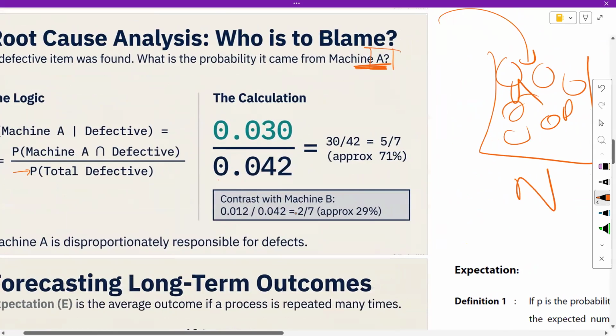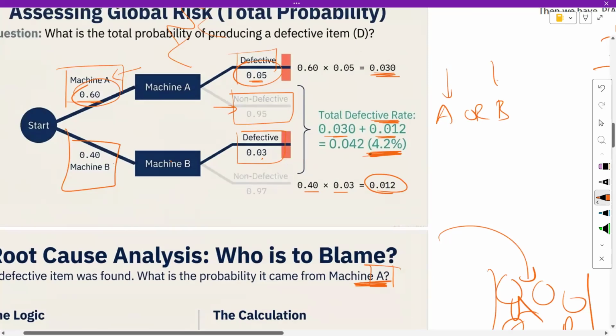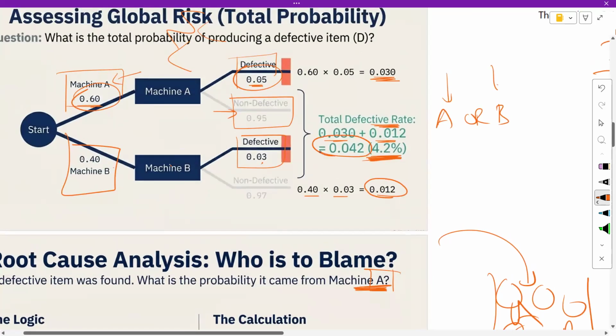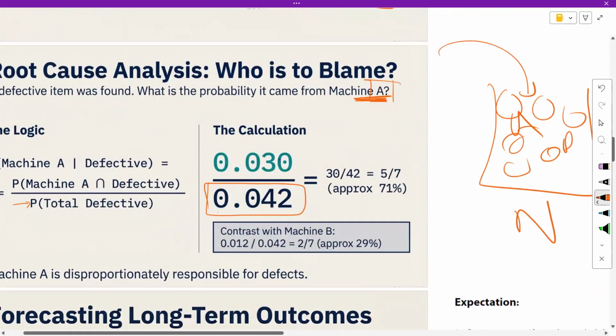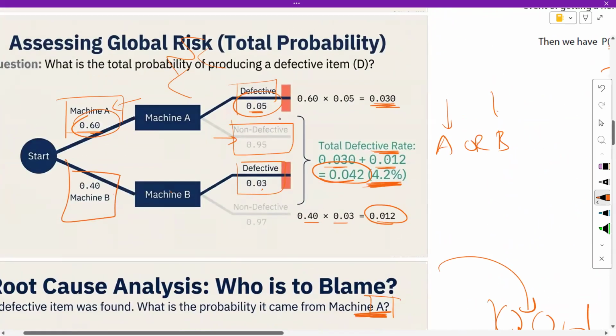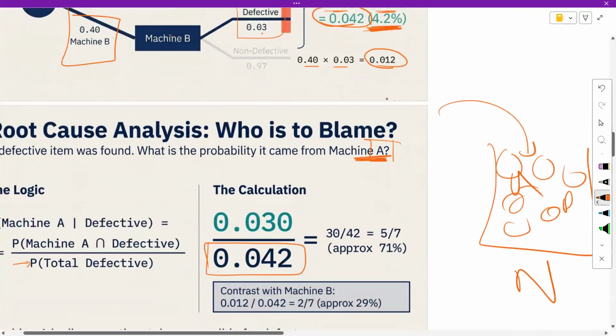Here, we know the probability of a total defective item is 0.042, and the condition is that the item is produced by machine A. The total probability of getting a defective item produced by machine A is 0.03.